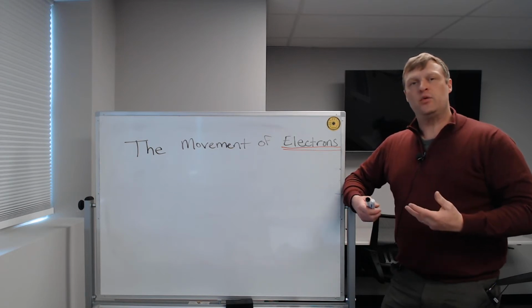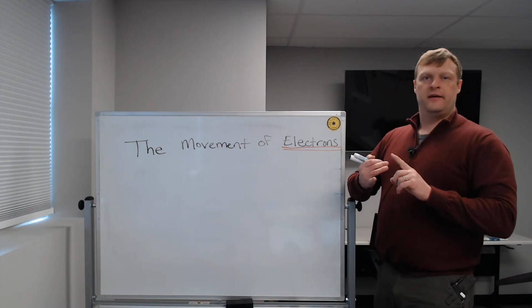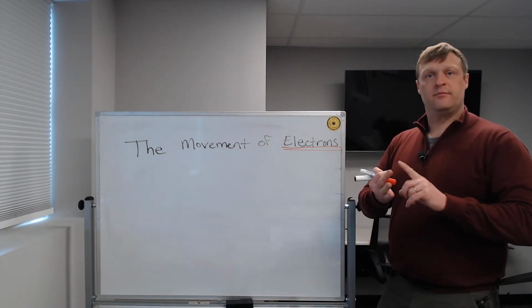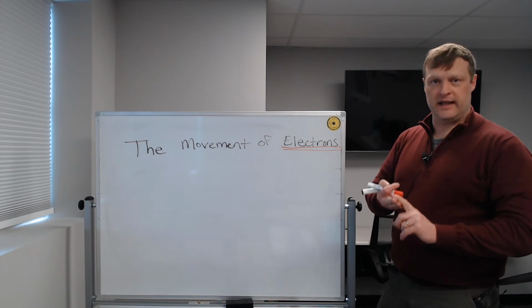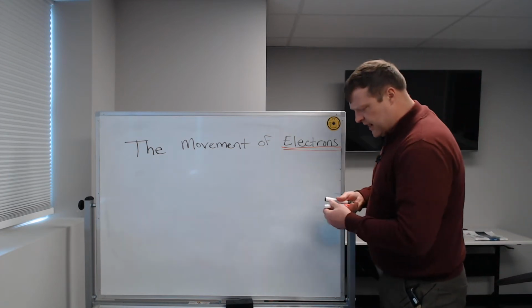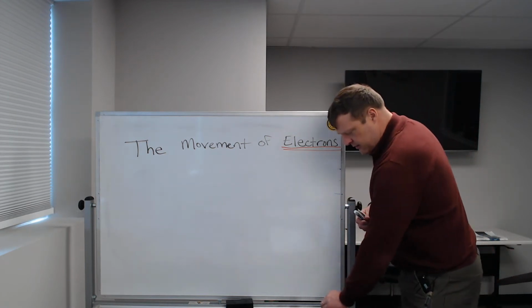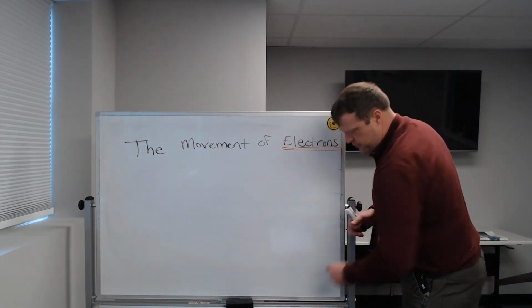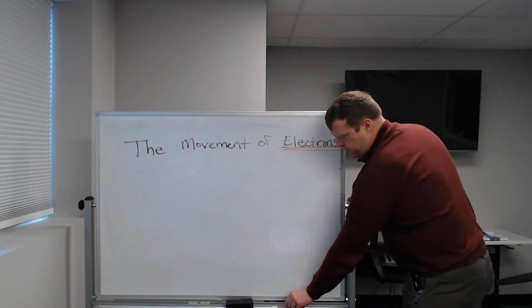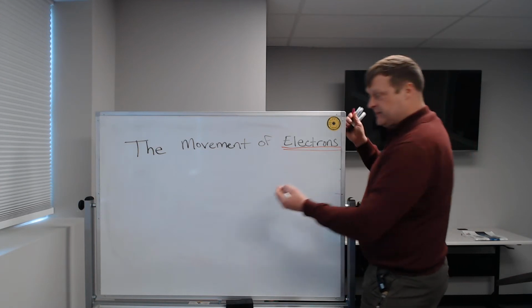Well, every single one of them are common in this way. They all have neutrons, protons, and electrons. Neutrons, let me draw this out. So I'm going to use purple for protons. Makes sense?